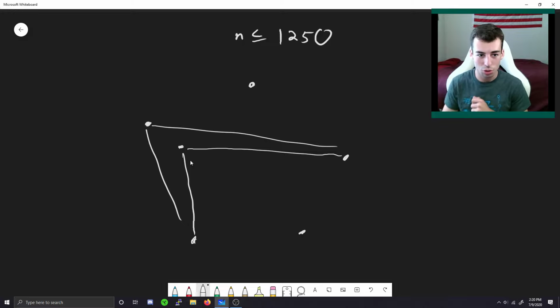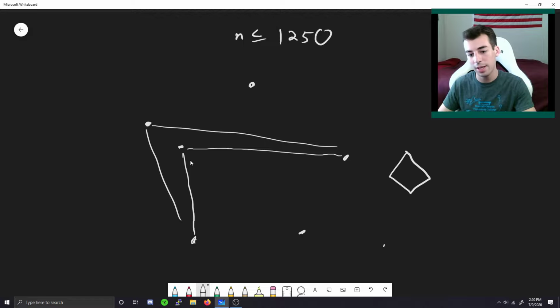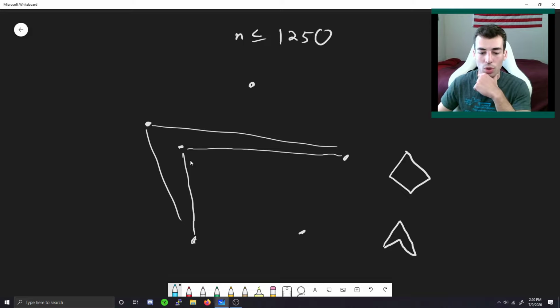So here's the solution. For this problem, what we can notice is that if we have some quadrilateral, there are concave ones and there are convex ones. Here's a convex quadrilateral, here's some concave one. For both of them, we can divide them in half with some line.